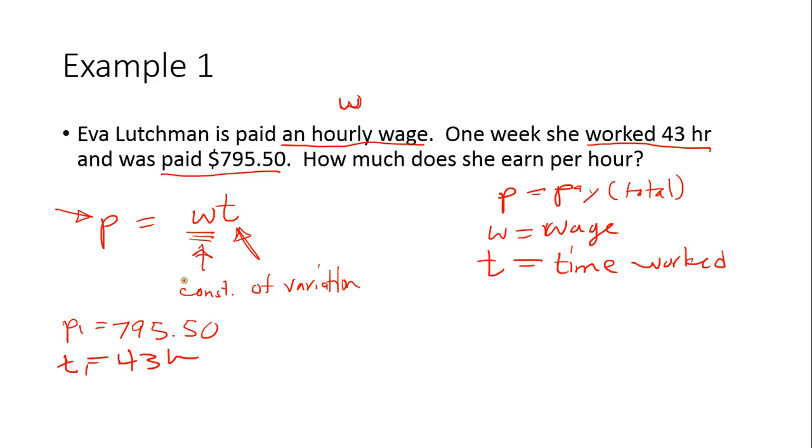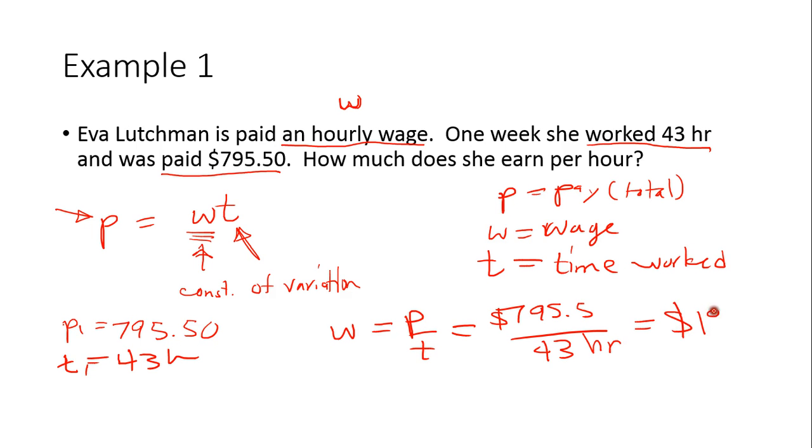So if I solve for W, I end up with W equals P over T. My pay is 79.50 over 43 hours, which is basically going to be $18.50 an hour.